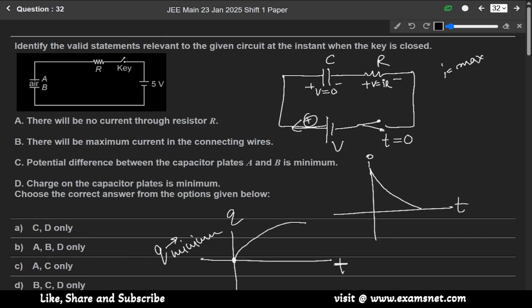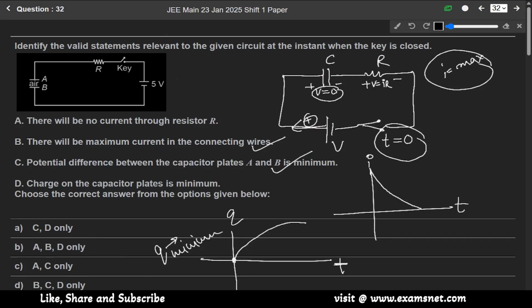So when the key is closed, the current is maximum and the charge is minimum. Among these four options, there will be maximum current in the connecting wires. This one is correct. And the potential difference between the capacitor plates A and B is minimum, it is 0, but here it is saying minimum, so it is correct.